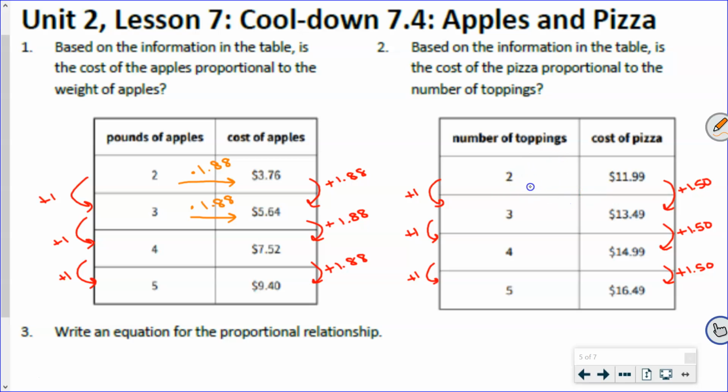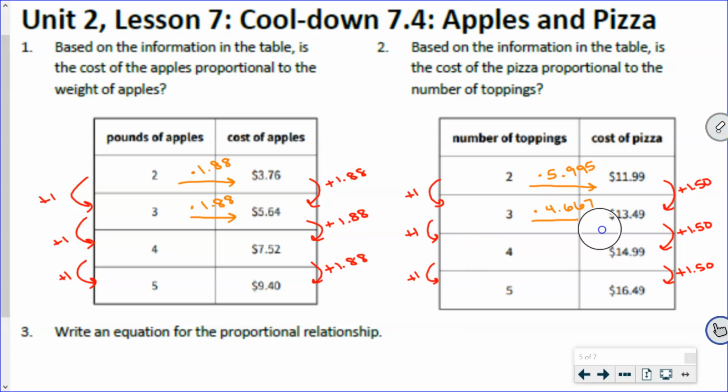No. Because here, it might be 2 times, help me out, what is it? 4.5? Yeah. And here, it would be, what is it, 4.6? Like that? Okay.